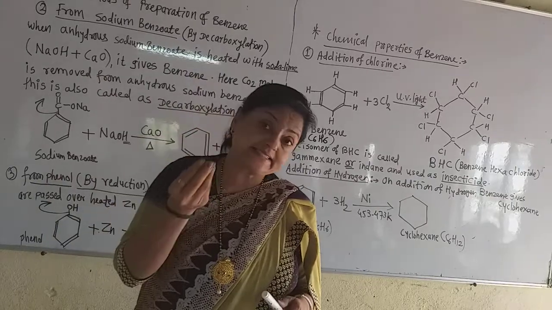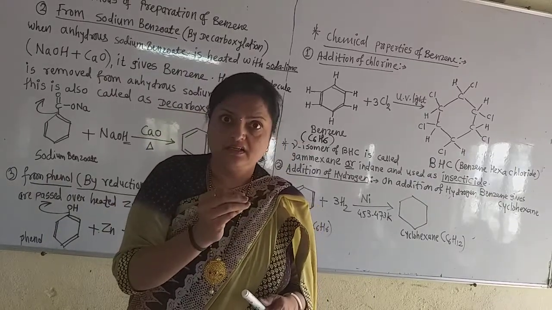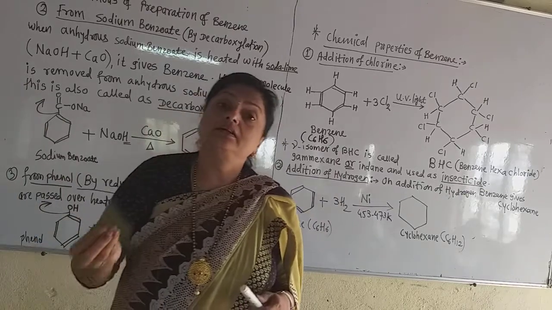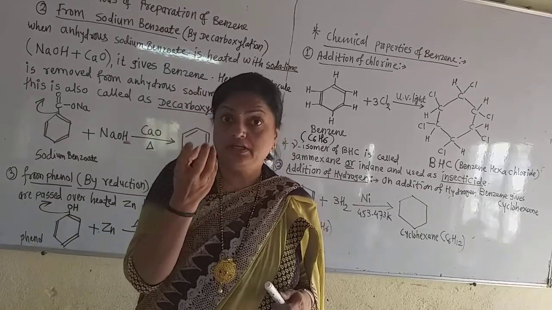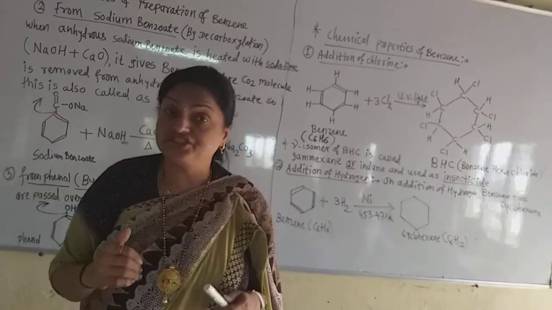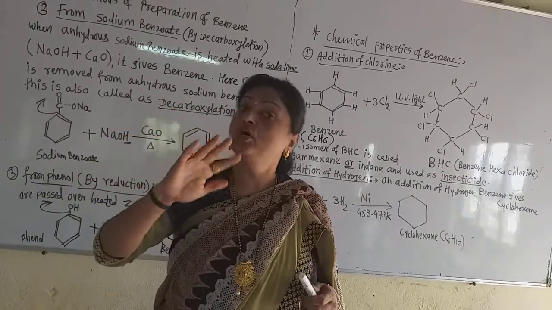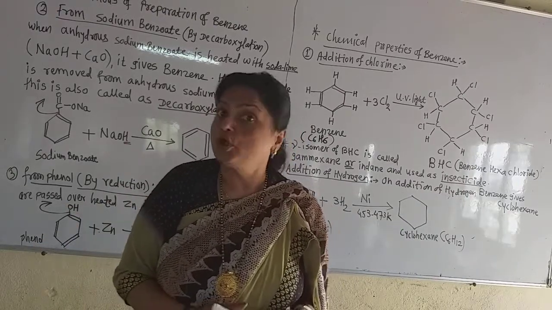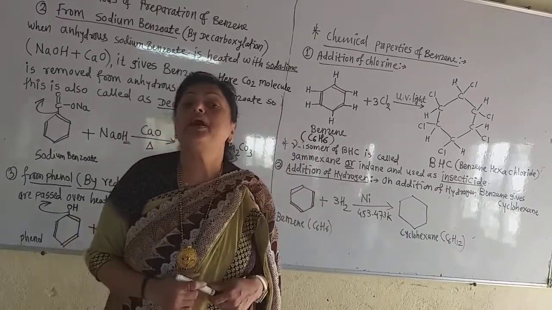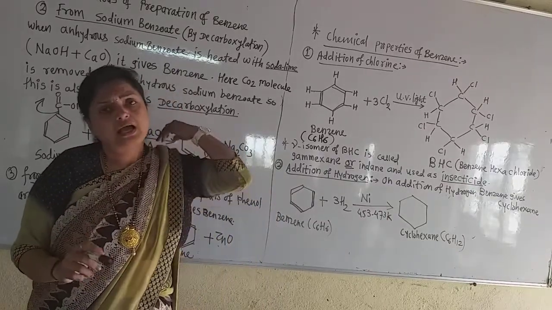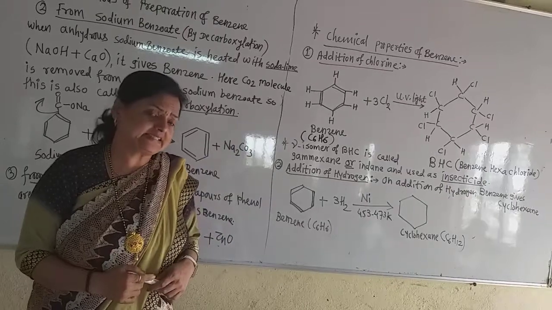If insects eat that, and if the fishes eat those insects which already ate this BHC, and those fishes are eaten by human beings, then there may be stomach cancer for human beings also. And therefore nowadays there is a ban on the application of BHC insecticide.